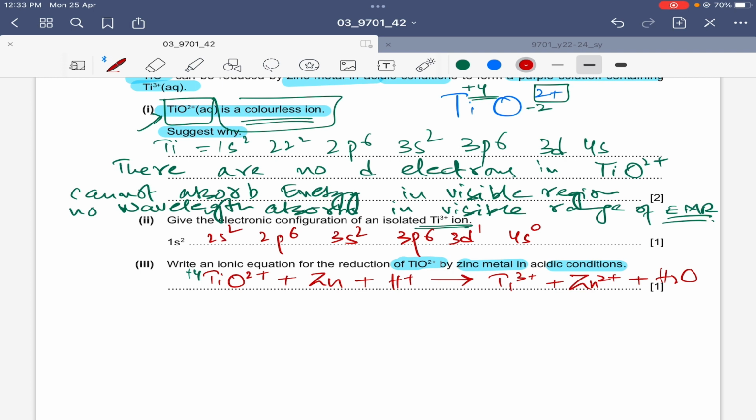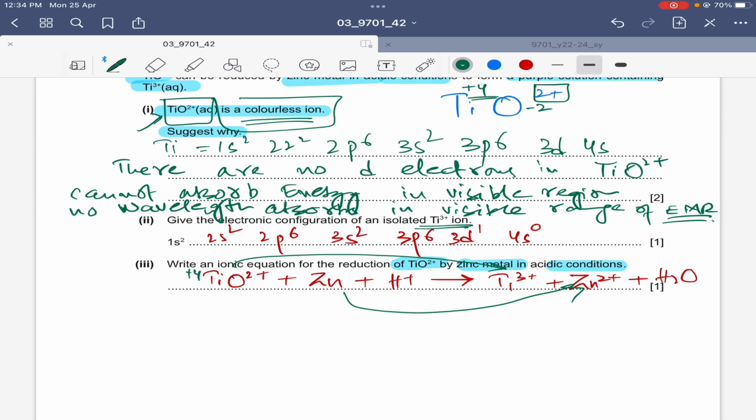Alright, so zinc is losing 2 electrons, titanium is gaining only 1 electron, +4 to +3.